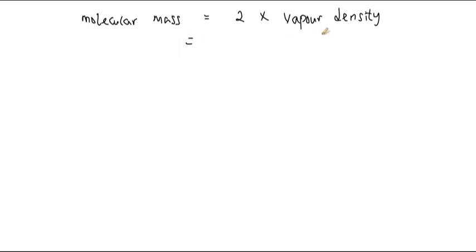Instead, we have the vapor density, and that's why we are using this formula to get the molecular mass. So now the vapor density from the question is 56.5. So then that means the molecular mass will now be 2 times 56.5. Calculating this, we have 113. And our units will be in grams per mole.